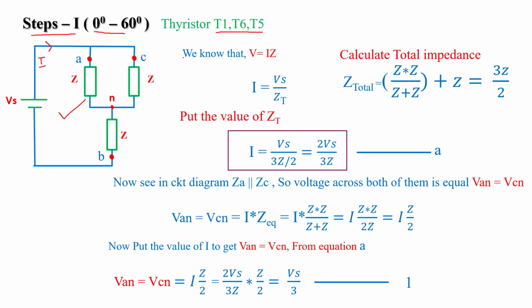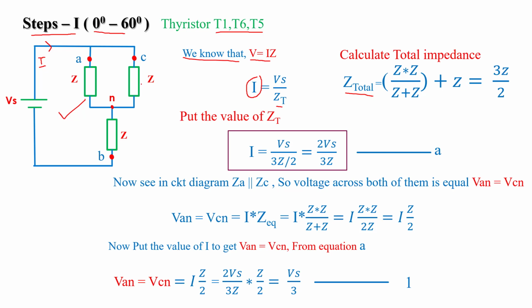We know that V equals IZ, where Z is the impedance. From this formula we get I equals Vs, the supply voltage, divided by ZT, the total impedance. So how do we calculate the total impedance? In the circuit diagram, these two phases' impedances are connected in parallel.